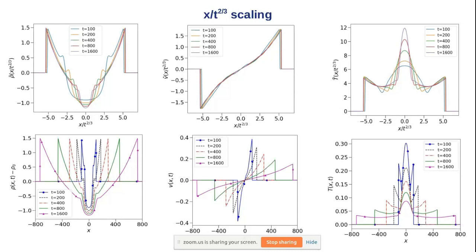At different times we have scaled the x-axis and y-axis so that they collapse on each other, to see if there's a collapse or not. While the collapse is very good for the velocity profile, it's not so good for density and temperature profile in the center. Otherwise, the collapse is good, but at the center it seems that the collapse is not very good.